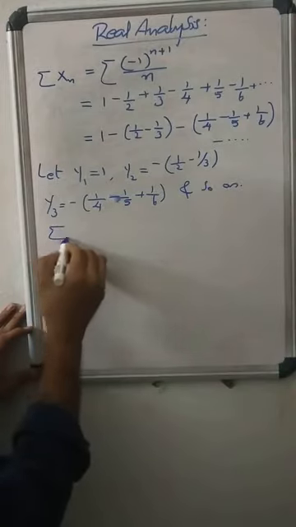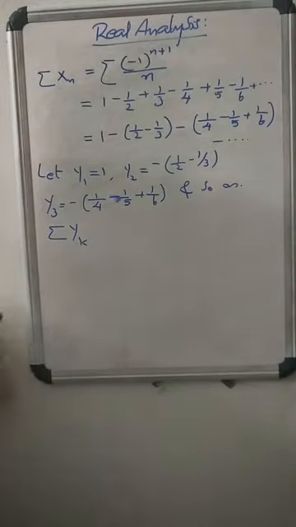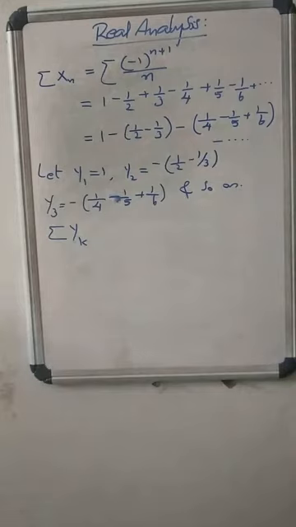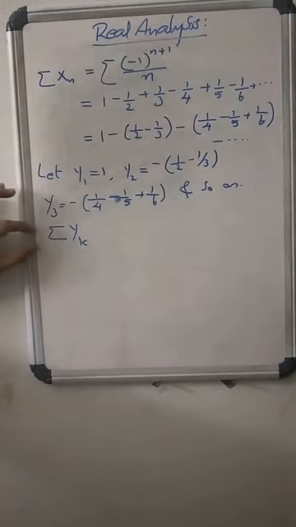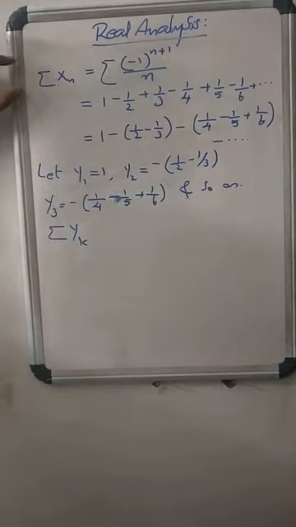So we have another series, sigma yk. The sigma yk is obtained from the sigma xn. How?